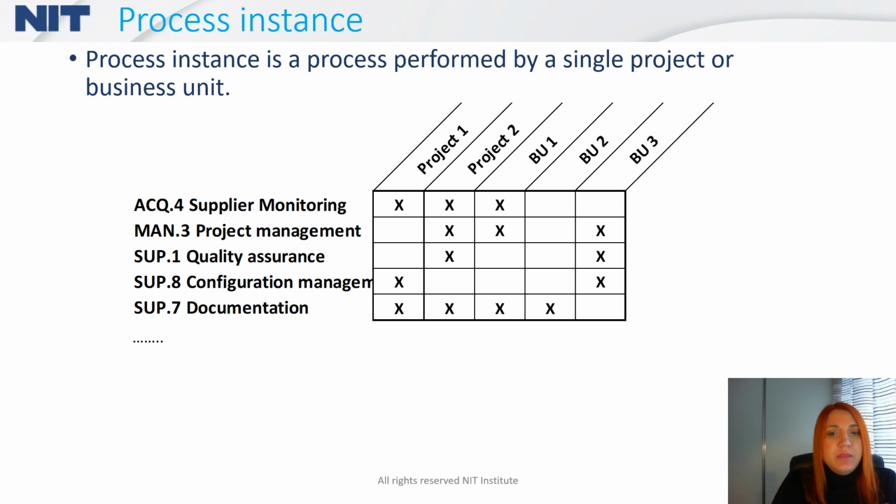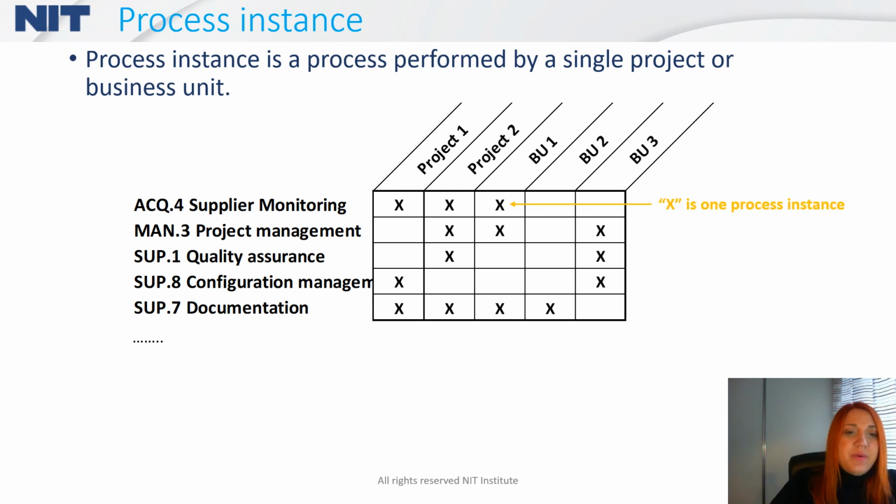For example, in the previous slide, I explained two different types of assessments. For the first type, where we want to assess only the process improvement, we will use several instances of a process. What does that mean?